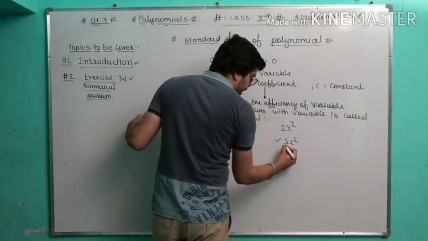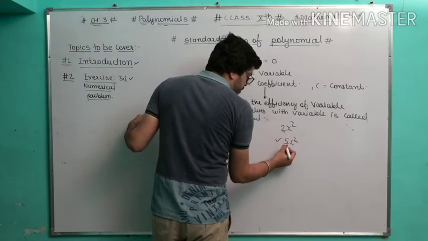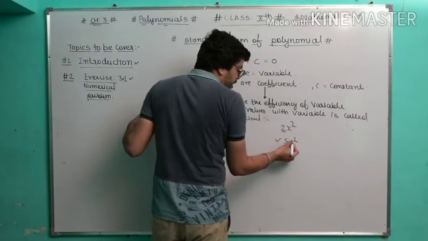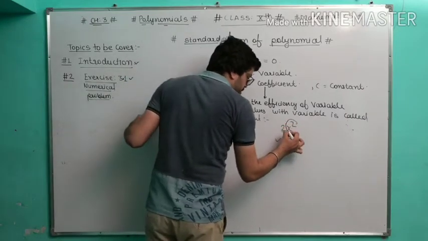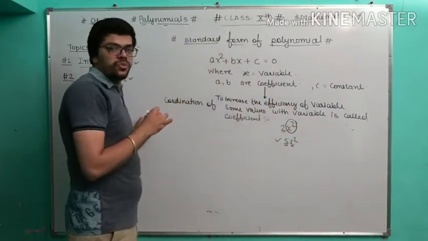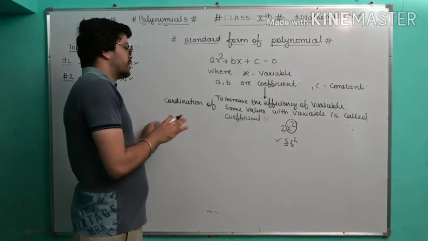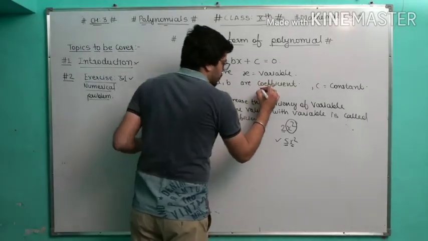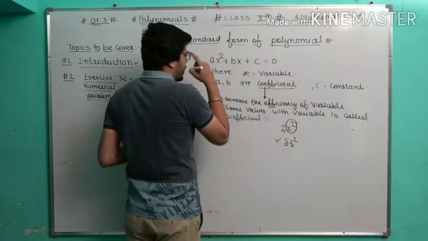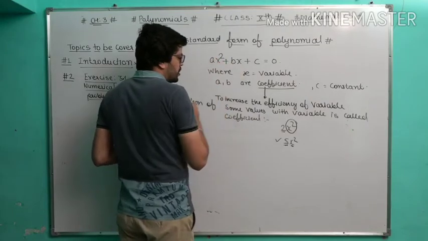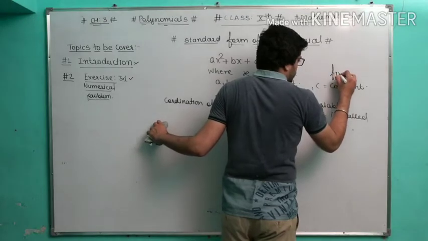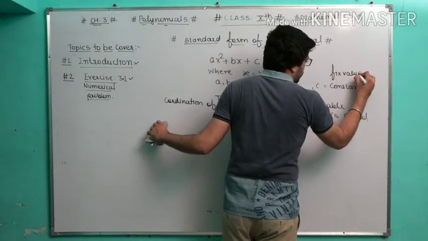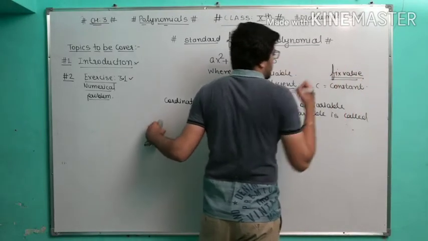Because you know that 5 is more than 2, and 5 is making coordination with this variable and increases the efficiency of the variable x square. I hope you understood these basic things. What do we mean by coefficient? So here a and b are coefficients and c is the constant. Constant means a fixed value which is not going to change.